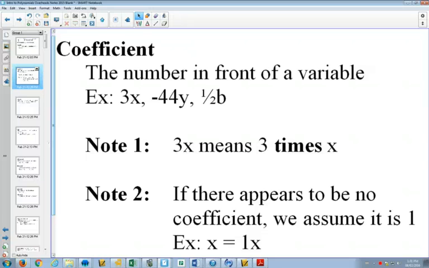Anytime 2 things are right beside each other, it automatically means that you're multiplying them. If you write a variable all by itself, then the coefficient would be 1. So you could write a single x just like this, or if you wanted to, you can write a 1 out in front to say 1x.